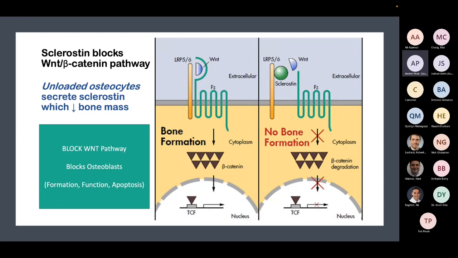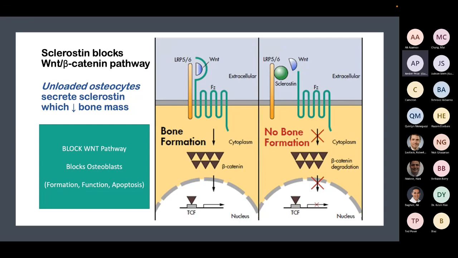So the way to think about this is just with respect to the RANK ligand pathway. As RANK ligand activates osteoclasts, so does the Wnt beta-catenin pathway for osteoblasts. And so unloaded osteocytes will secrete sclerostin, which decreases the bone mass.